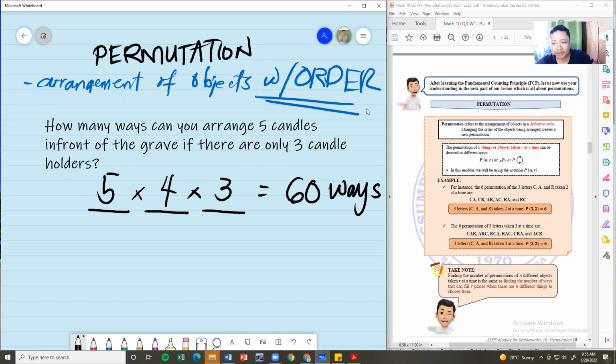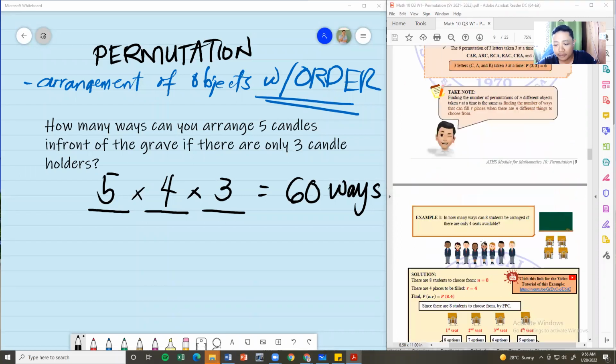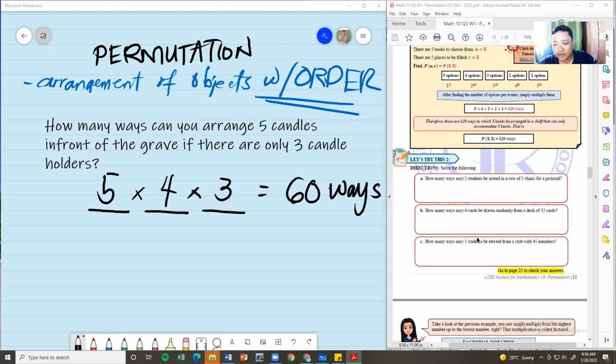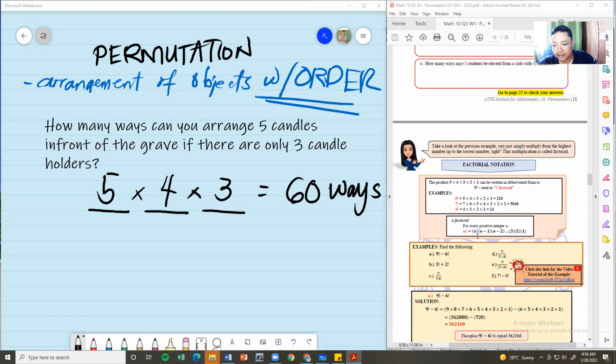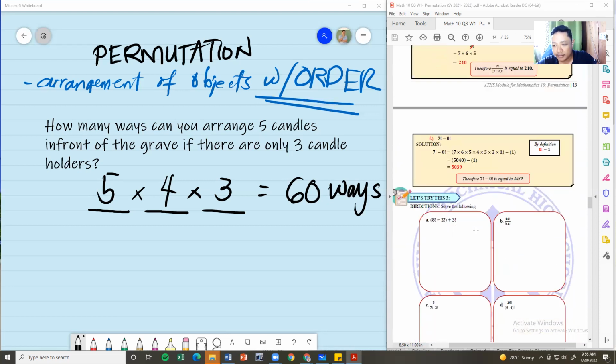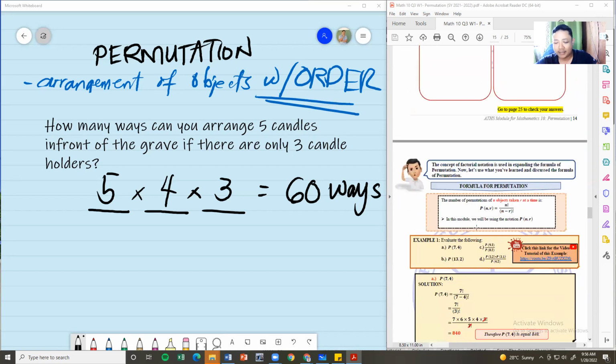Now, in terms of factorial, this is where we will be using the formula for the permutation, which is this. Factorial pa to. Permutation na tayo here. So we have here the PNR, or yung iba naman, NPR yung ginagamit. These are just symbols.